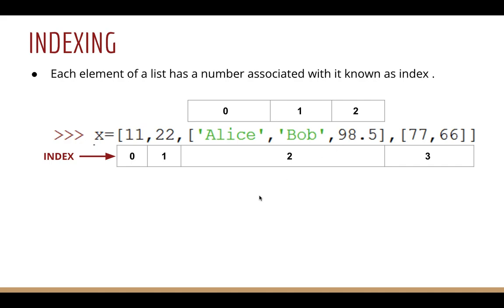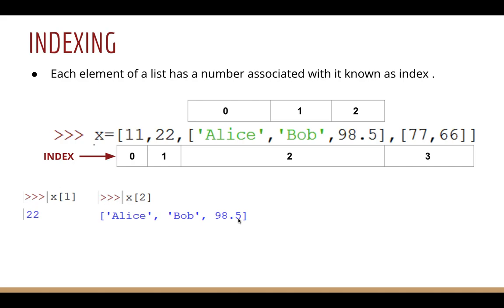Alright. Now if I write x[1], this is how we access the items of a list. x[1] means I want to display the element at index 1, which is 22 in this case. If I write x[2], that means I want to display the elements at index 2, which is Elise, Bob and 98.5.